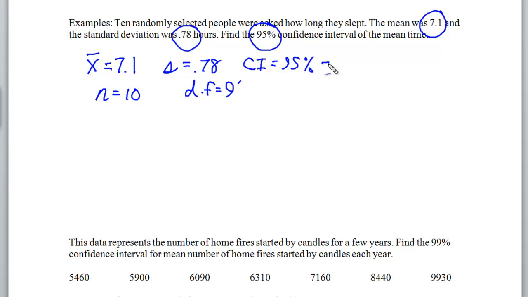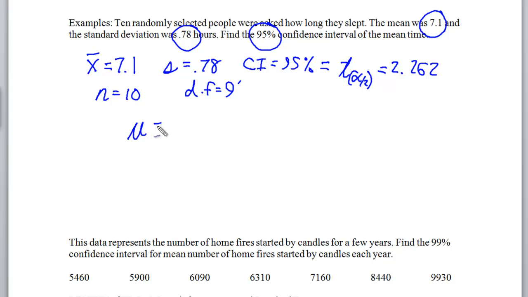And I see that on the T table, my t sub alpha divided by 2 is going to be 2.262. So let's look at our equation.